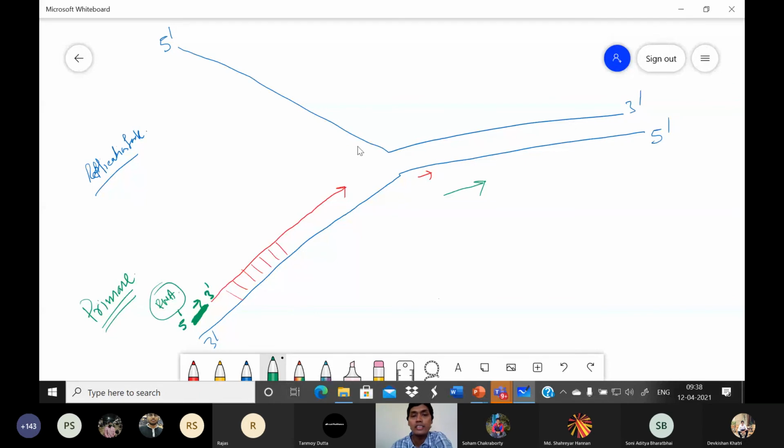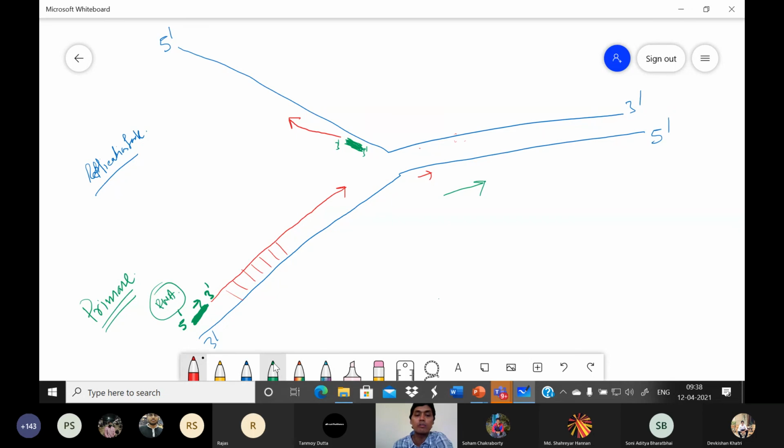First, one small primer will be added here. So this is the 5' and 3'. And then one DNA polymerase will make DNA here. Then when this part is unwound, another RNA primer will be added here and it will continue.